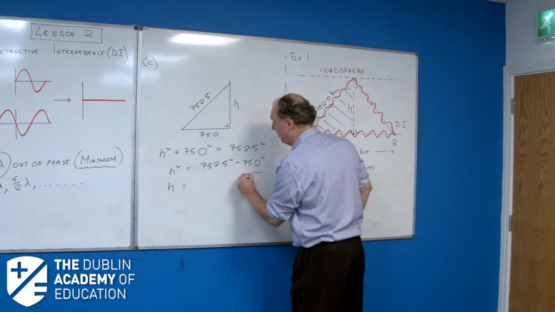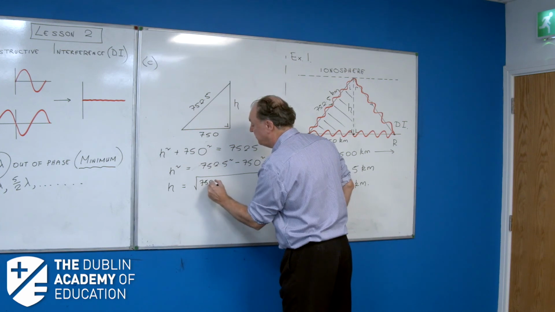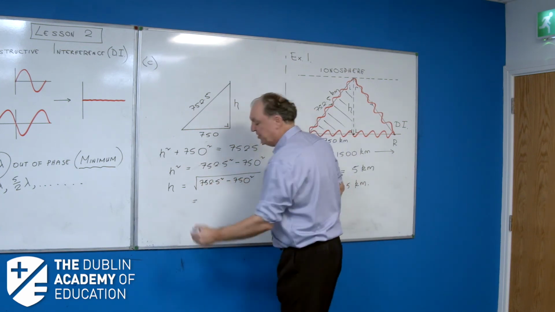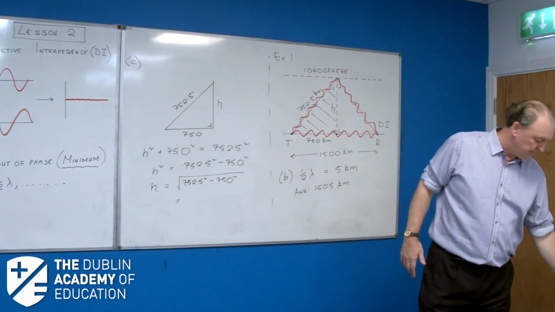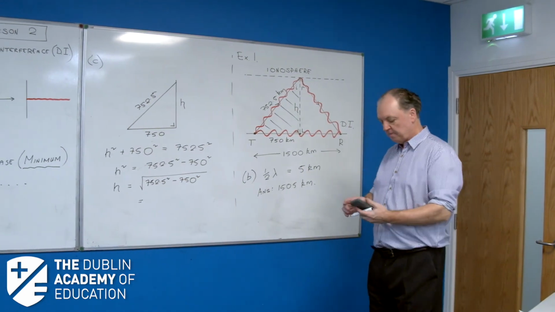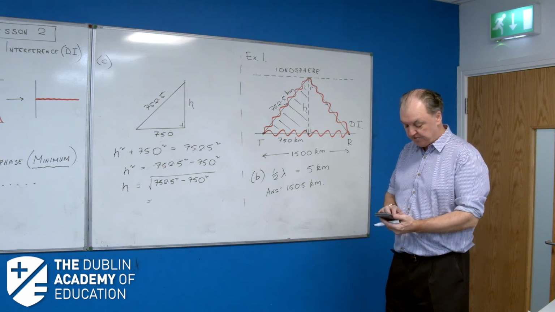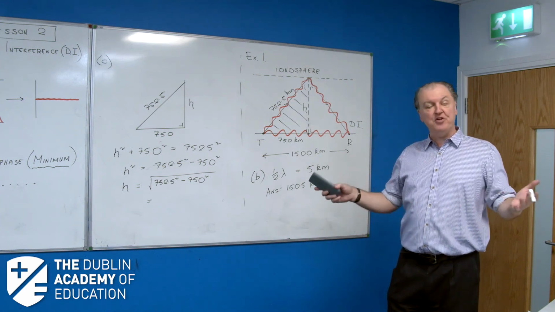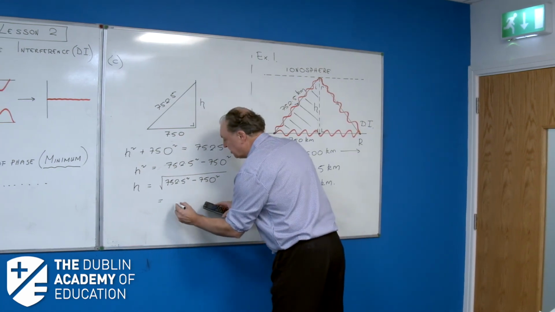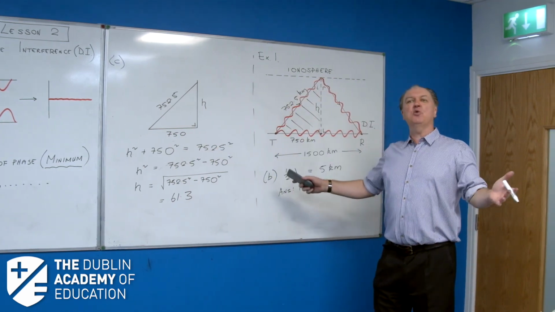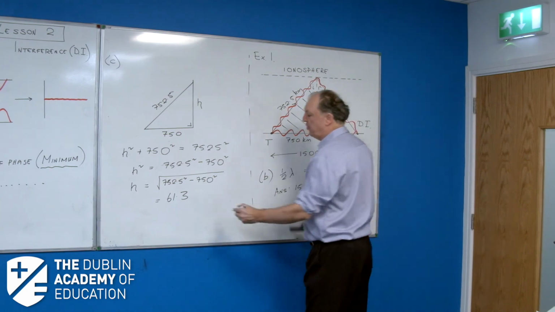So h is the square root of 752.5 squared minus 750 squared. So put that into your calculator. Square root of 752.5 squared minus 750 squared. And I get, let's round it off to one decimal place, 61.3. And I decided to go with the kilometers. So that's 61.3 kilometers.